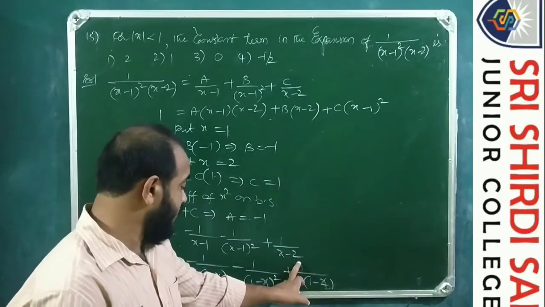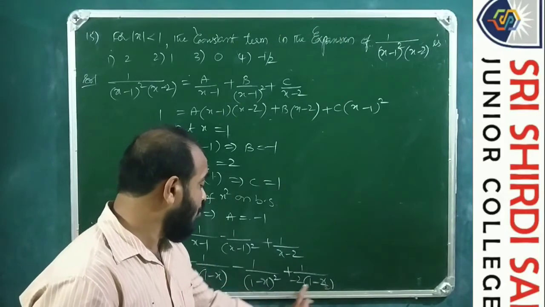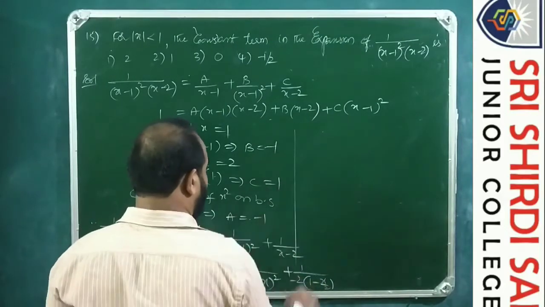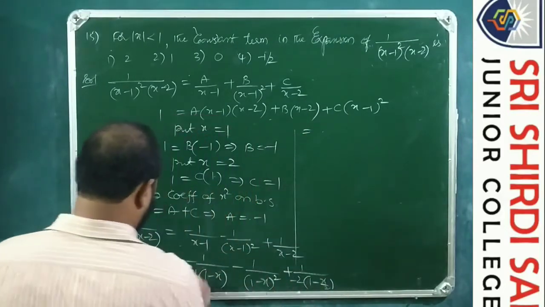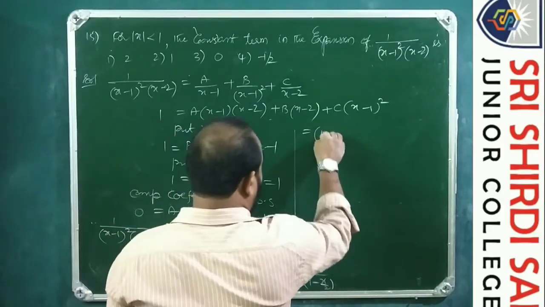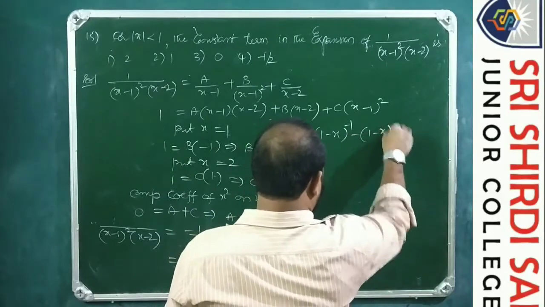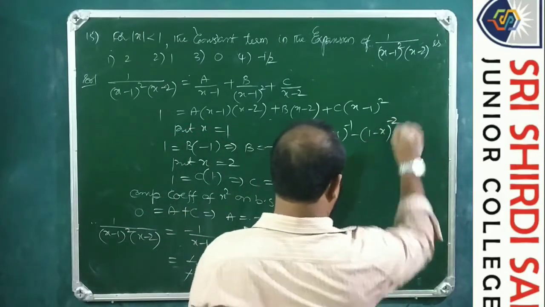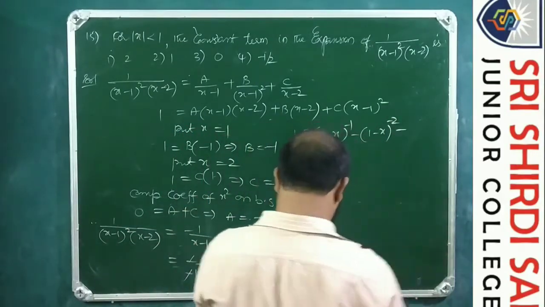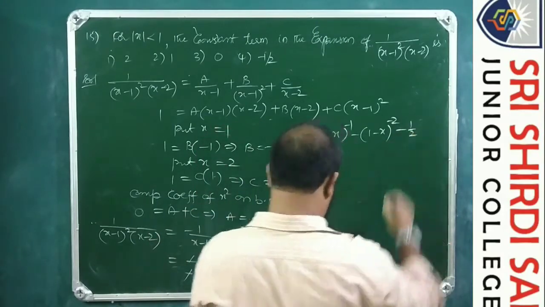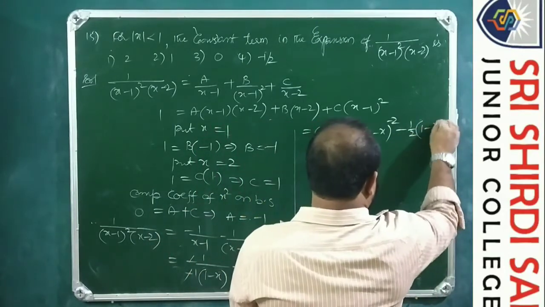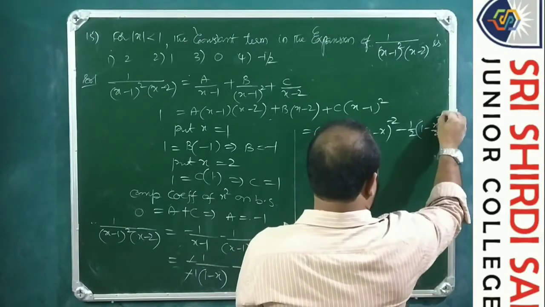Minus 2 into 1 minus 2, minus into minus plus 2 gets cancelled, x. So this is equal to, this gets cancelled, (1 - x)^(-1). This is (1 - x)^(-2). This is minus 1/2 into (1 - x/2)^(-1).